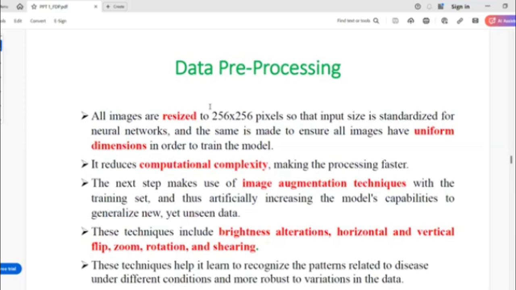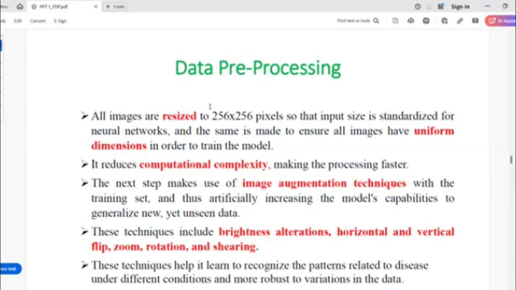The third is that with less data, the model's performance will be low. So to improve the model's performance, data augmentation is very important. It is used for tasks such as image recognition, object detection, and sometimes natural language processing also.